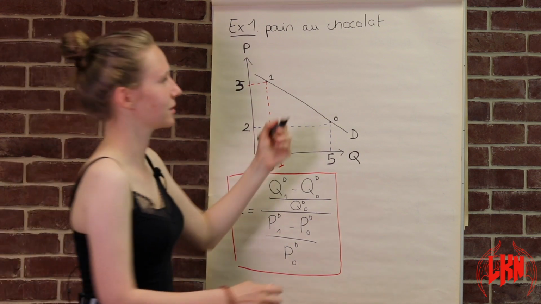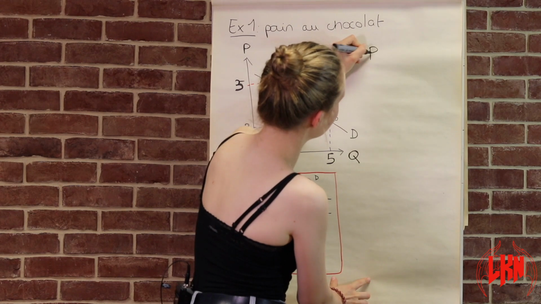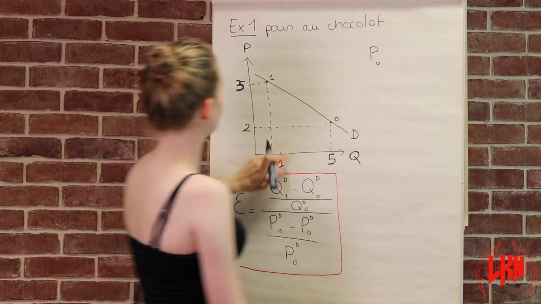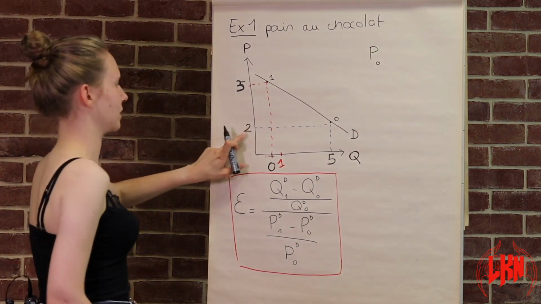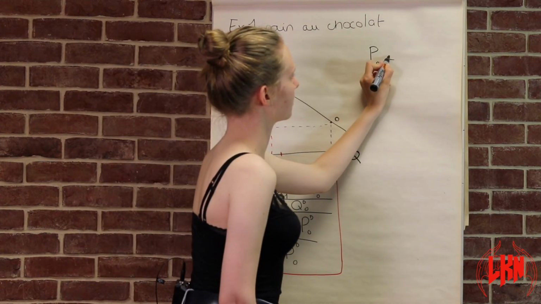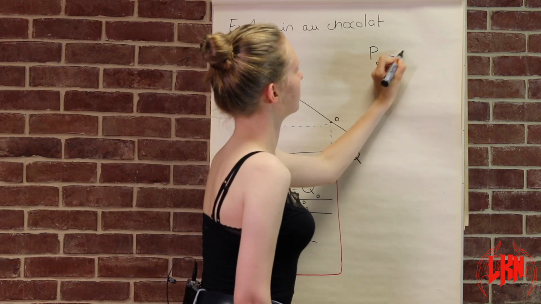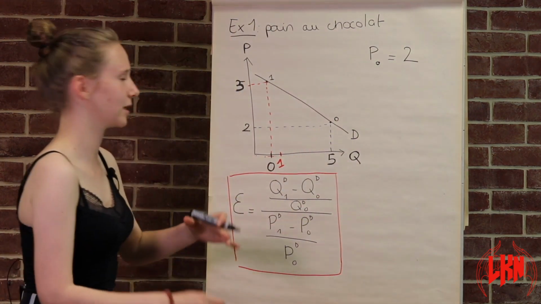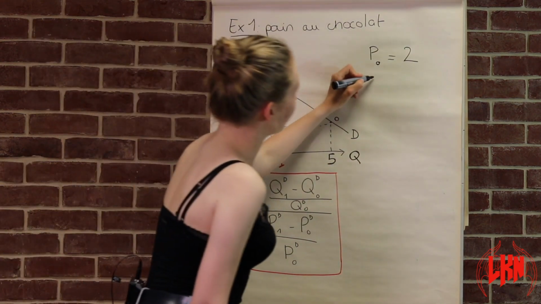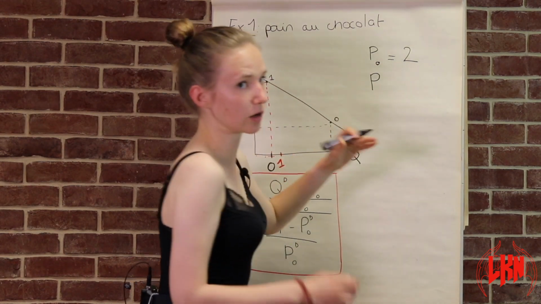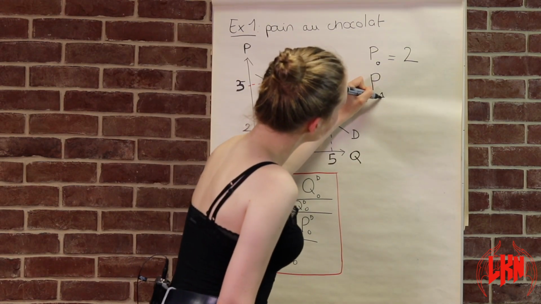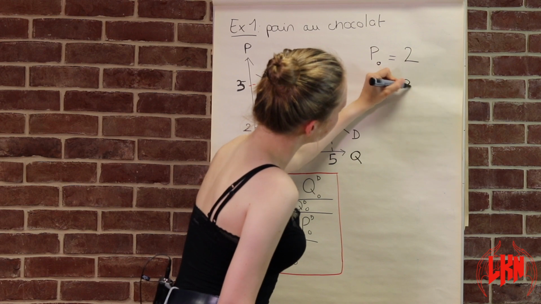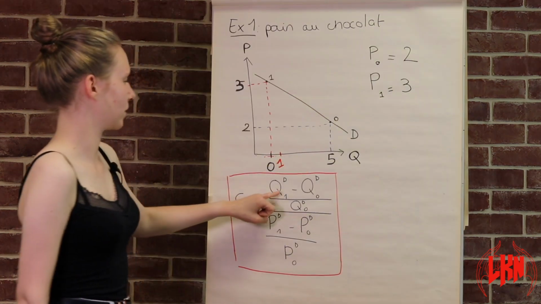Let's say that price 0, the first price at the beginning, was the lower price, so $2 per pain au chocolat. So P0 is equal to 2. Then something happened and the price increased, and we have price 1, the second price, equal to 3.